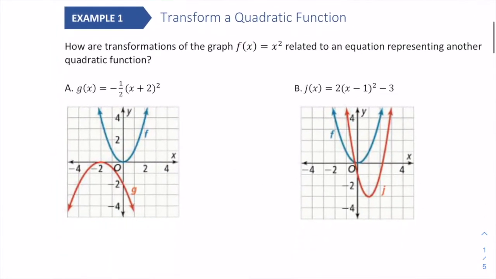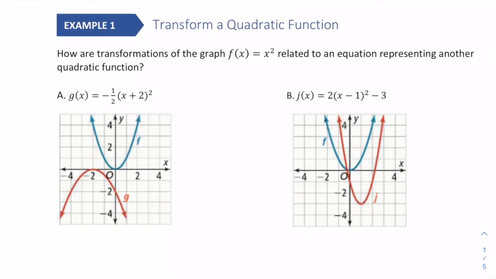We're going to review some of the topics from chapter 1. So the first example asks, how are the transformations of the graph f of x equals x squared related to the equation representing another quadratic function? So in the blue is the parent function, y equals x squared, and I'll put f of x equals x squared.